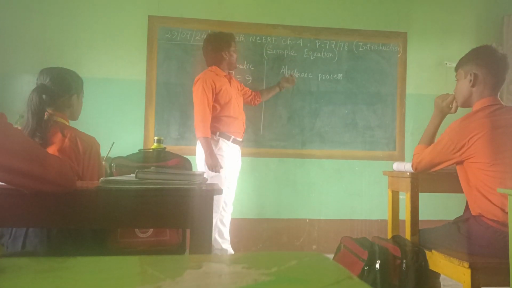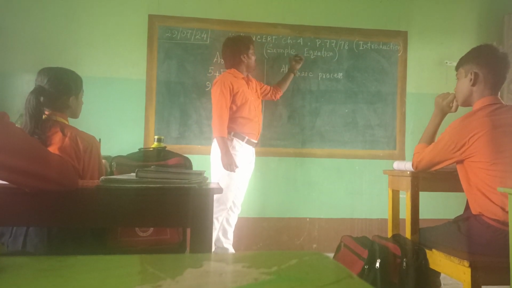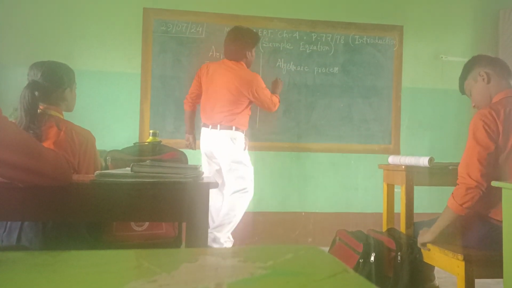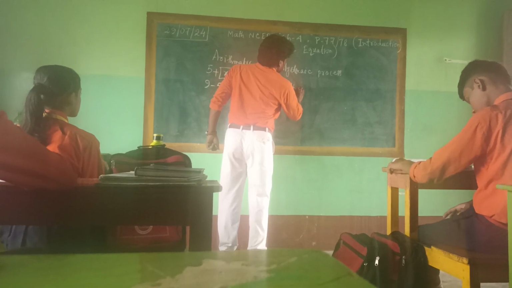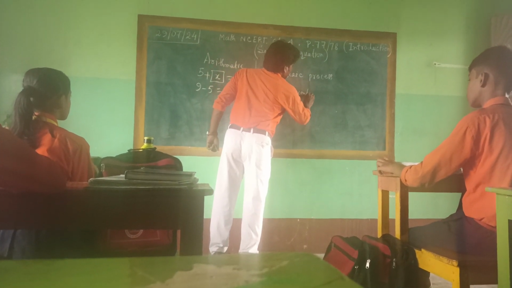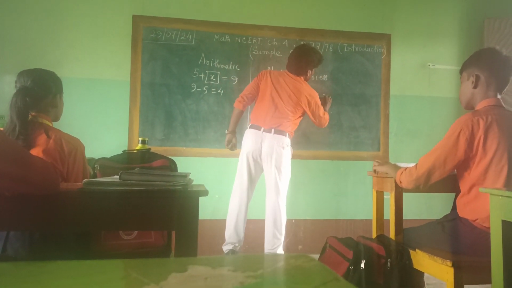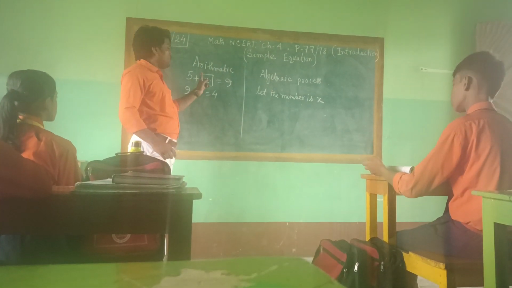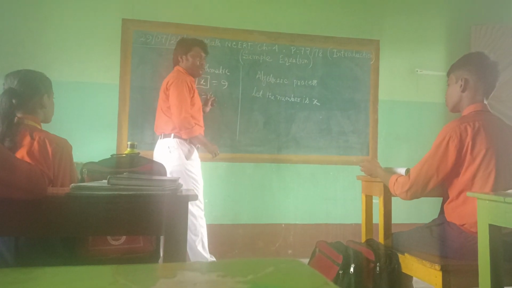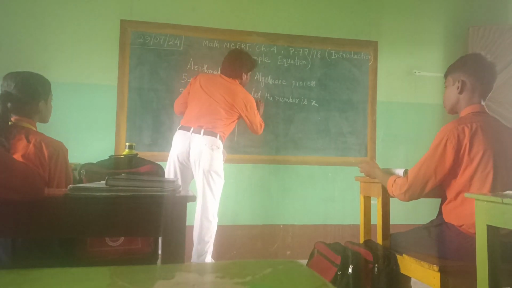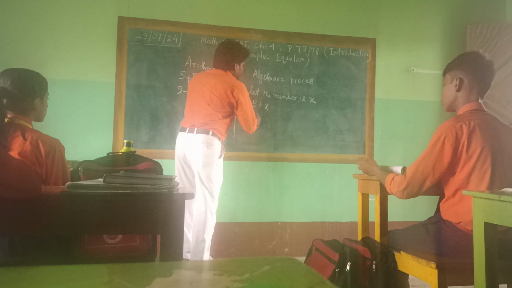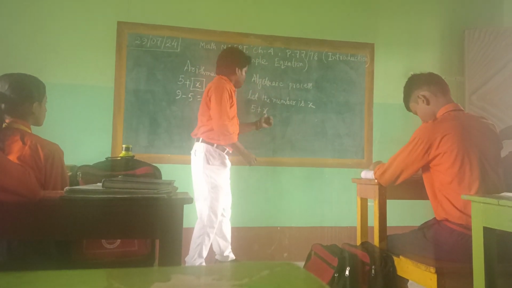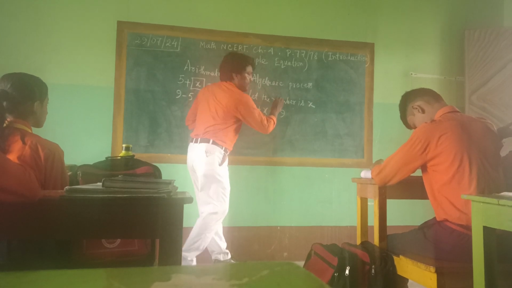So in algebraic progression, when you find the result according to the simple equation, at first you will write, let the number be x. So what is the problem? What should be added to 5 to get 9? That means 5 plus x. You have already let the number be x. So 5 plus x equal to 9.